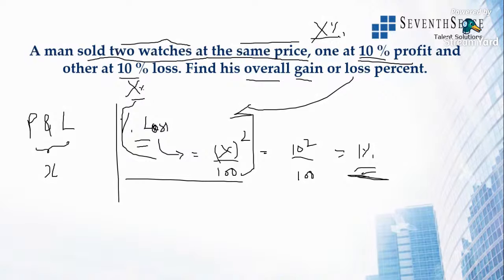Then the overall transaction will be at a loss, and it is found out by x square by 100.